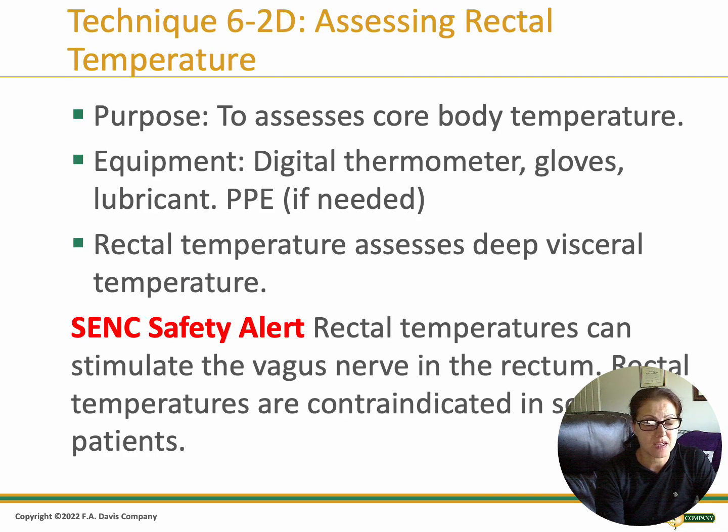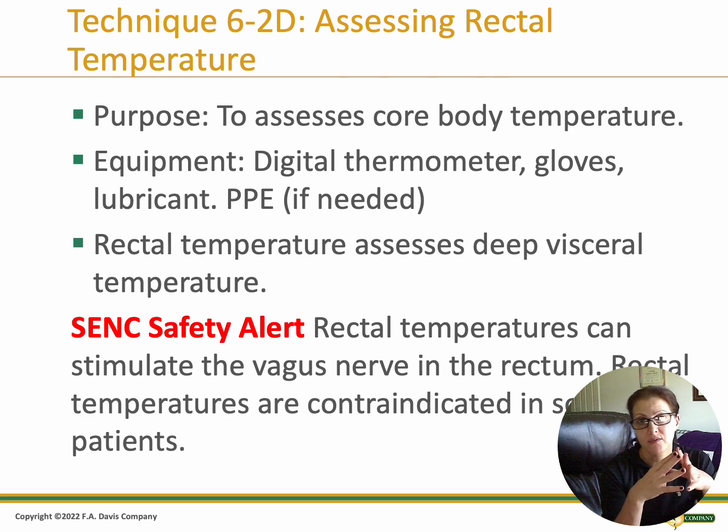And then the last that I'm going to be discussing today, that's also mentioned in your book, is rectal temperature. We usually don't do rectal temperatures routinely. These are only done when we're concerned about a patient's core body temperature, or we're unable to do an oral temperature, they're not able to cooperate with a tympanic, or we don't have a temporal temp.